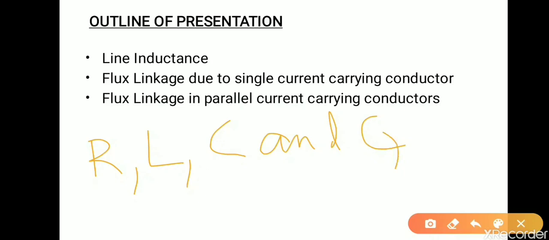These are very important parameters of the transmission line. They determine whether the voltage regulation of the line will be good or poor. That is, the performance of the transmission line is determined by these parameters. So this is important for the electrical design of the transmission line.